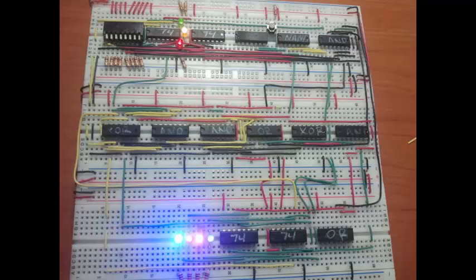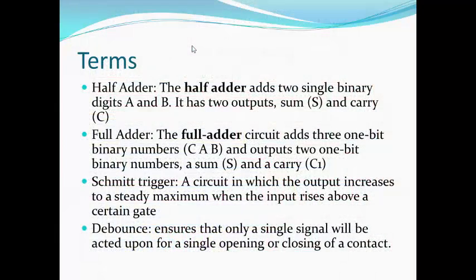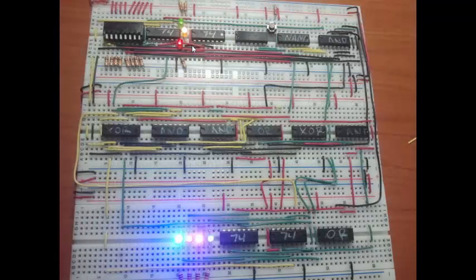So over here I have all my switches, my beginning D flip flop in here, and I have my Schmitt trigger beside that right here. I have the push button for the Schmitt trigger over here.